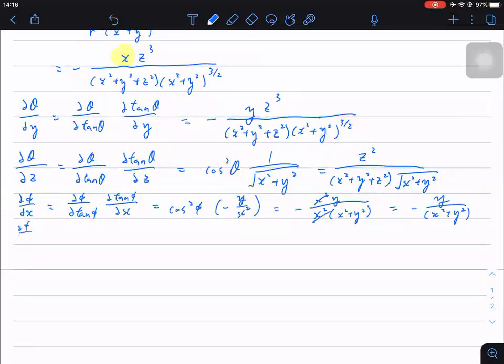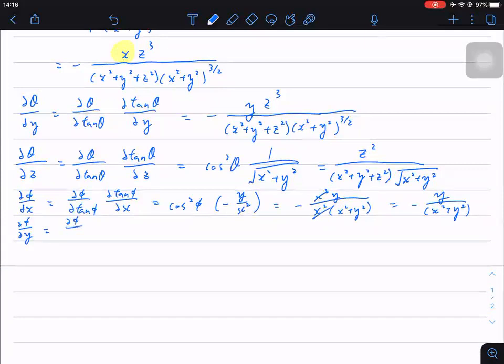Okay, similarly, for partial phi over partial y, we do the same thing, except this time the latter part is 1 over x. So again, cosine square phi is x squared over x squared plus y squared, multiplied by 1 over x.